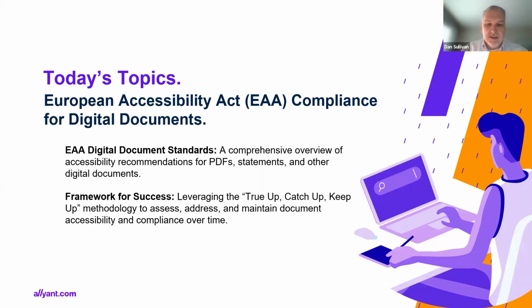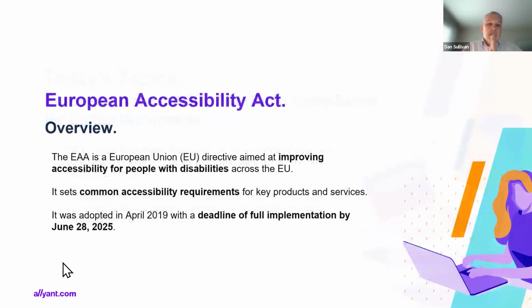So with that, let's dig in. The European Accessibility Act, for those organizations that service customers in member countries of the European Union, is a directive designed to make certain that all communication channels and means by which, particularly within digital environments, organizations, governments, and companies interact with and provide content to individuals with disabilities enable them full access to that information.